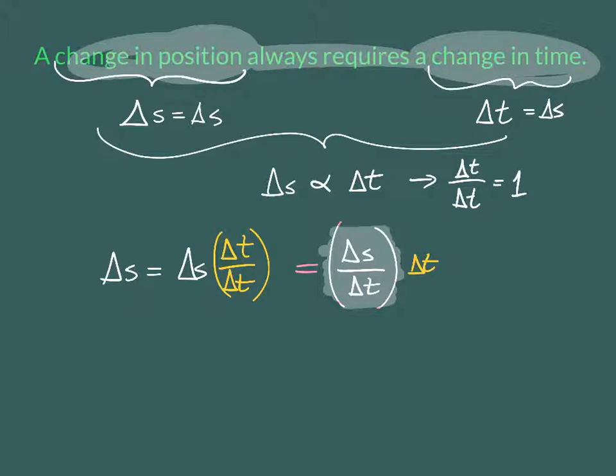So what is the ratio of a change in position to change in time? Have you ever looked at a meter, like perhaps on your way to school today? Was there something in your face the whole way to school that was a delta S per delta T? What's that?